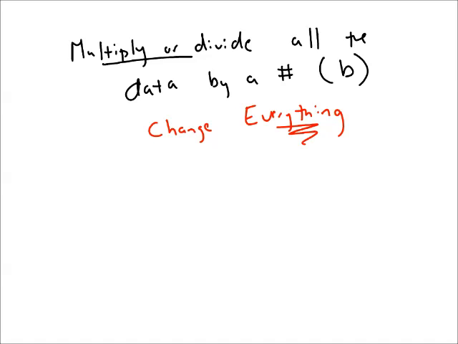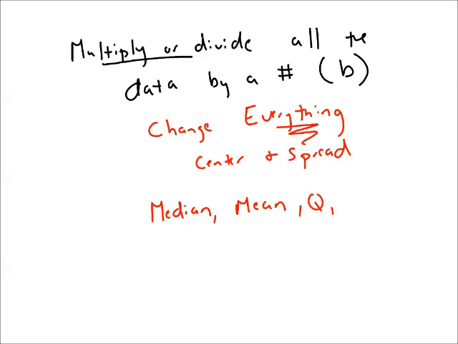So that means we change measures of center and spread. We change median, mean, Q1, Q3, standard deviation, variance, and IQR.